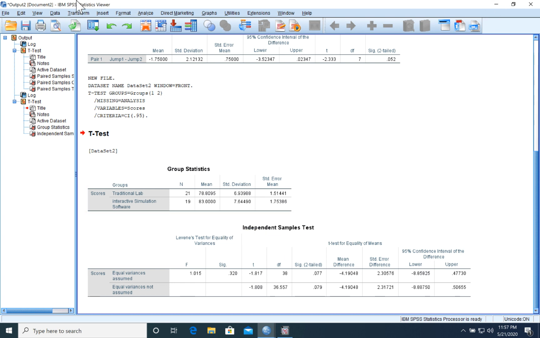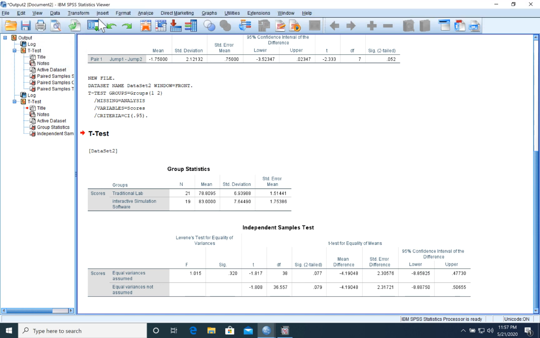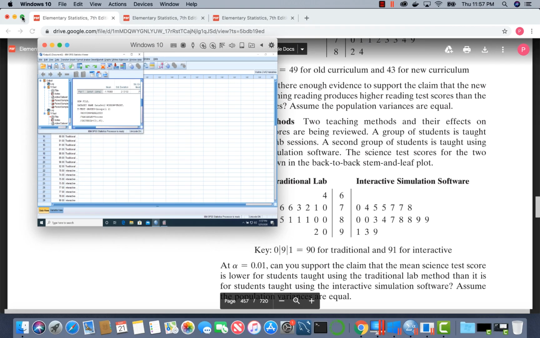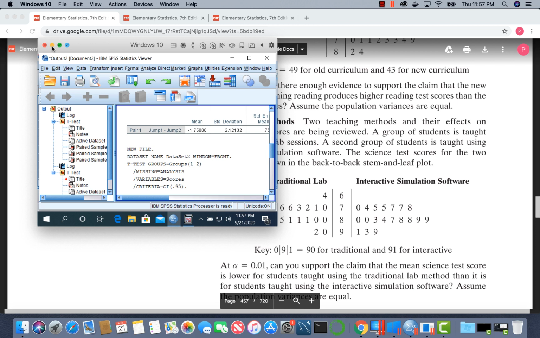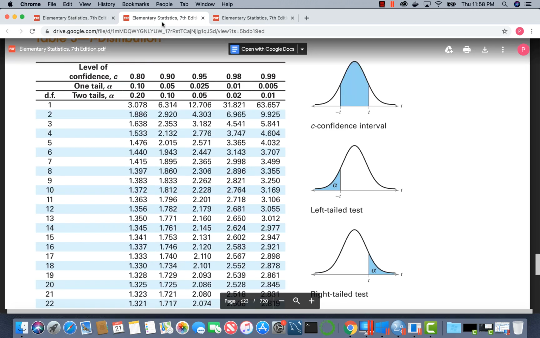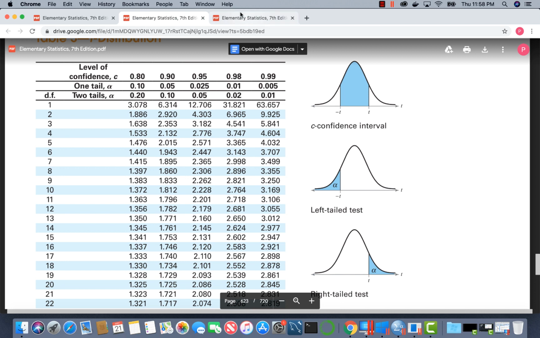What would the critical value be? 38 degrees of freedom and alpha being, what did they say? 0.01. So 0.01 with 38 degrees of freedom. Oh, and one more thing I forgot.